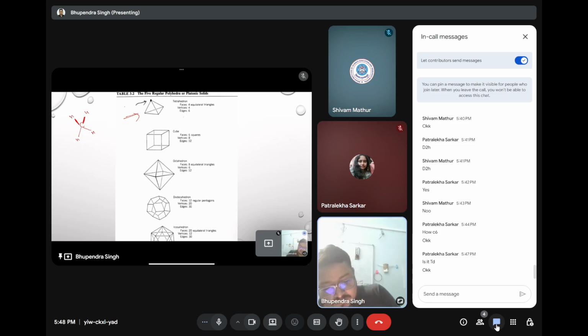See, tetrahedron is written here. Four equivalent faces are there. One, two, and the back side of this three, and the base four. Now visualize. And also here written four faces, four equivalent triangles.